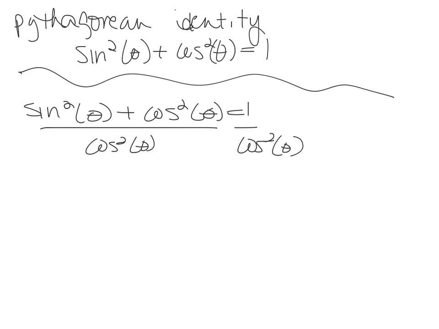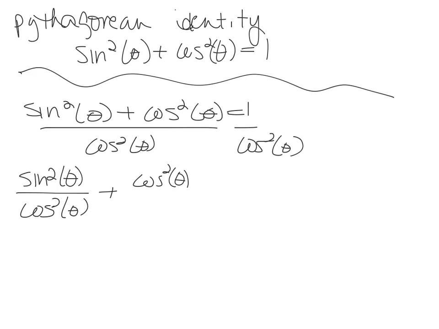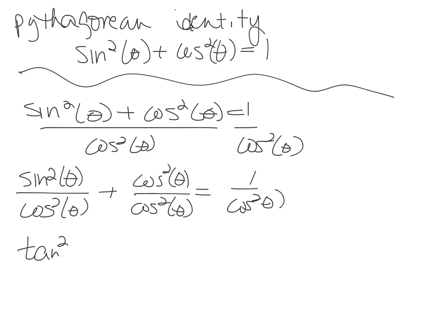Let's just show all the steps. Sine squared theta over cosine squared theta plus cosine squared theta over cosine squared theta equals 1 over cosine squared theta. Simplify. Sine over cosine is tangent. So this right here is actually tangent squared theta plus 1 equals secant squared theta.